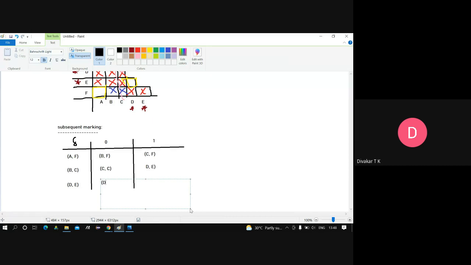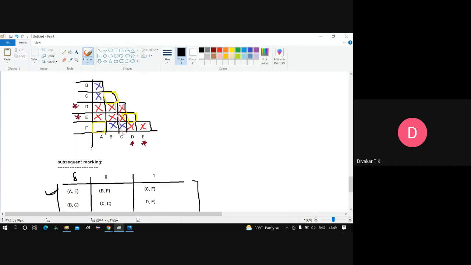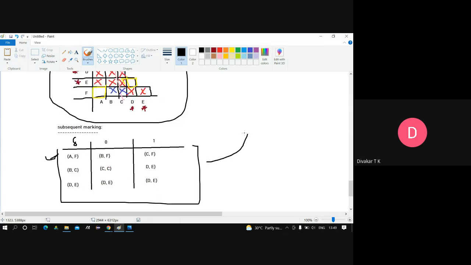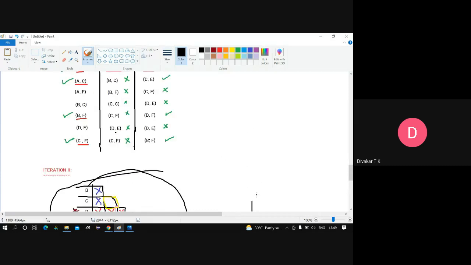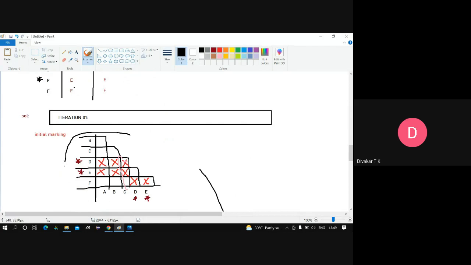Here, people are making a mistake. I'll tell you what that mistake is. See, it's pure common sense. Once we got this one for the tick mark, what are you doing? You are not checking this table. Commonly I identified this mistake: you go to the top, the initial marking from the first iteration, the first table you wrote. You go there and check.